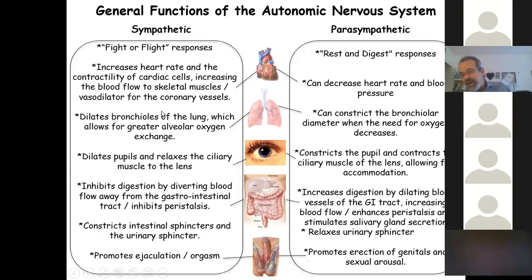We want a lot of oxygen. So while this is going on, our bronchioles, which are these tubes over here, are dilating, allowing more oxygen to get to the lungs. Once the oxygen gets to the lungs, it can go into the blood and then deliver oxygen to the tissue, to the skeletal muscle.